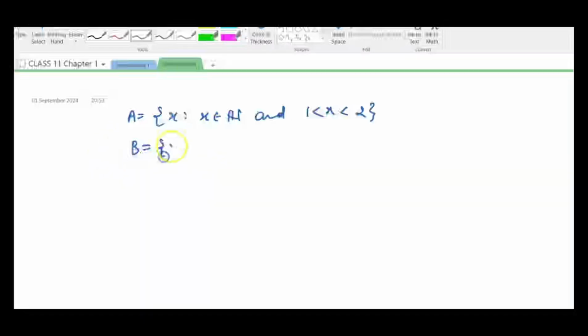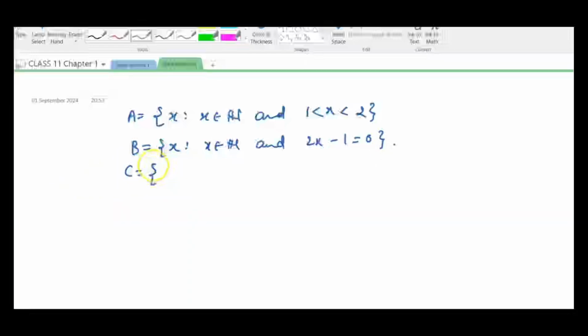Now, suppose we have this set A is equal to {x such that x is a natural number and it lies between 1 and 2}. And this set B is equal to {x such that x is a natural number and 2x minus 1 is equal to 0}.